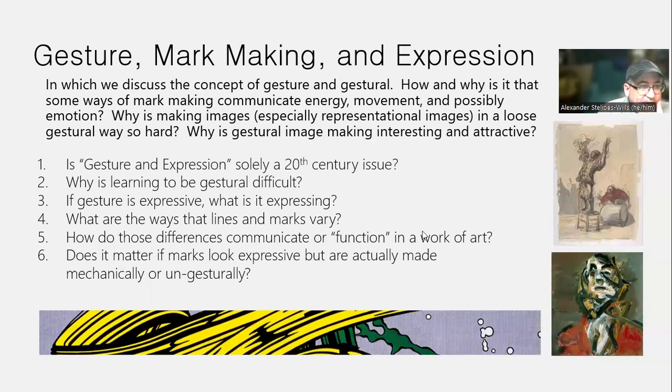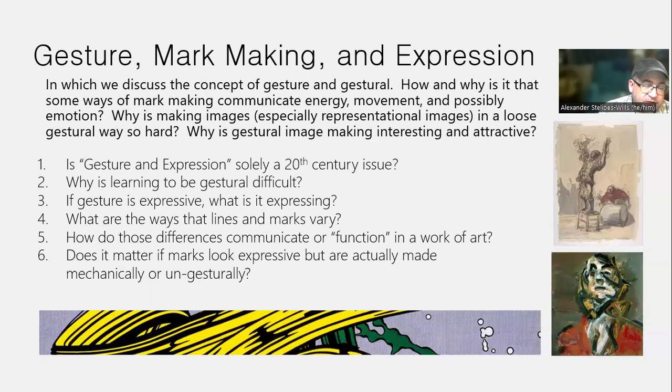This lecture is broken up into two parts. The first three, one, two, three, are primarily about the big philosophical issue of gesturalness and expressiveness. What does it mean when we say something is expressive? Do we mean it's expressing something specific?